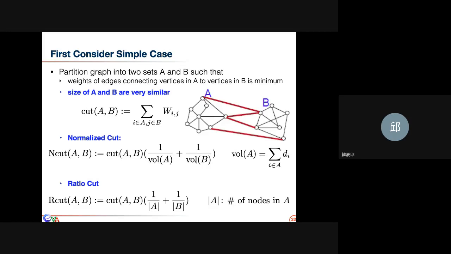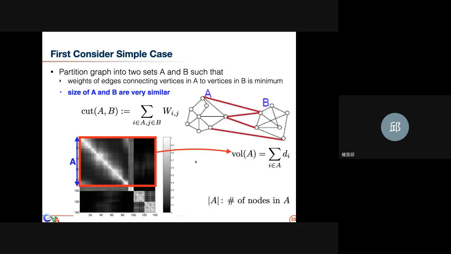And again, if you check from the similarity matrix, then the volume of A can be represented by the summation of all the elements in this area. I think this is quite easy to understand.